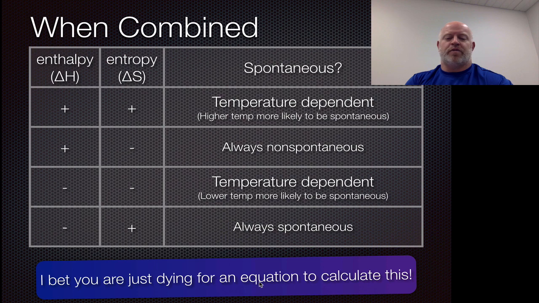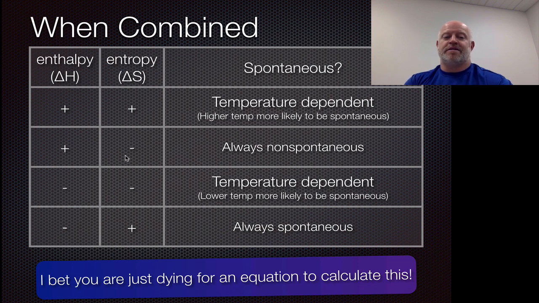But before we get to that equation, let's make sure we have our table down. If you have enthalpy positive, entropy positive, will it be spontaneous? That's temperature dependent. The higher the temperature, the more likely to be spontaneous, because the more temperature we have, and we multiply that by entropy, it's going to make this dominate.